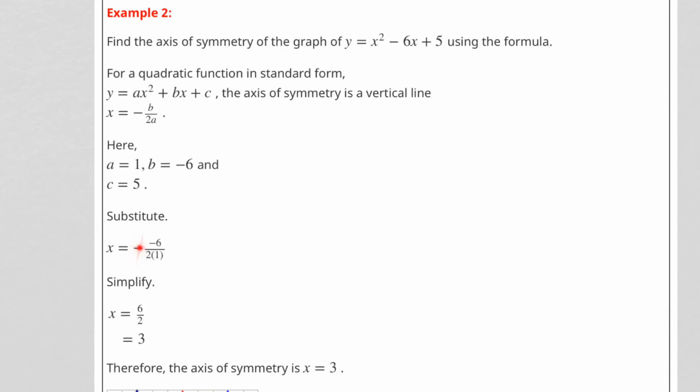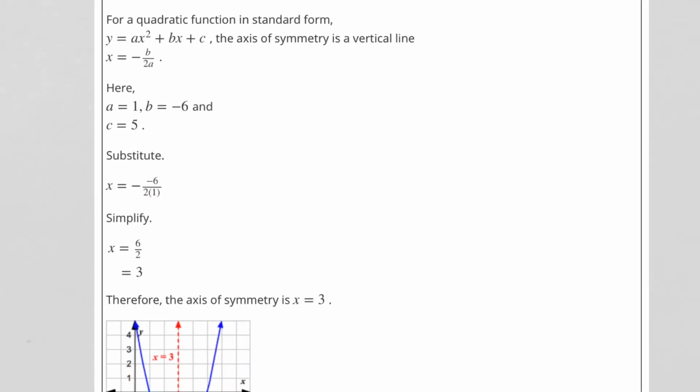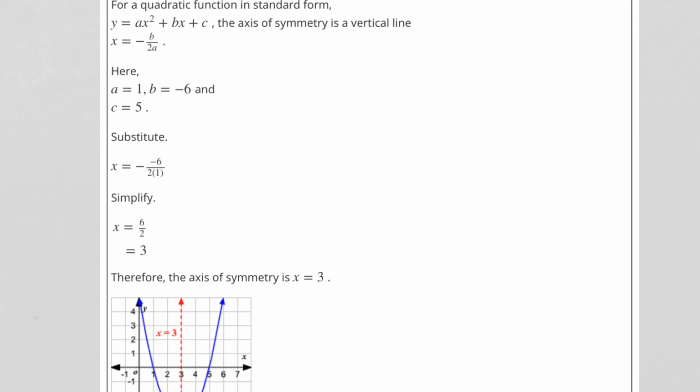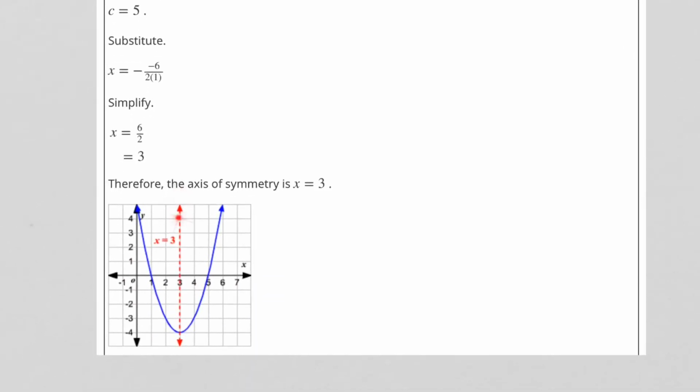So we have negative negative 6 divided by 2 times 1, which simplifies to 3. So the axis of symmetry is the line x equals 3. This point here, 3, negative 4, is also where the vertex is, and in this case where the minimum is.